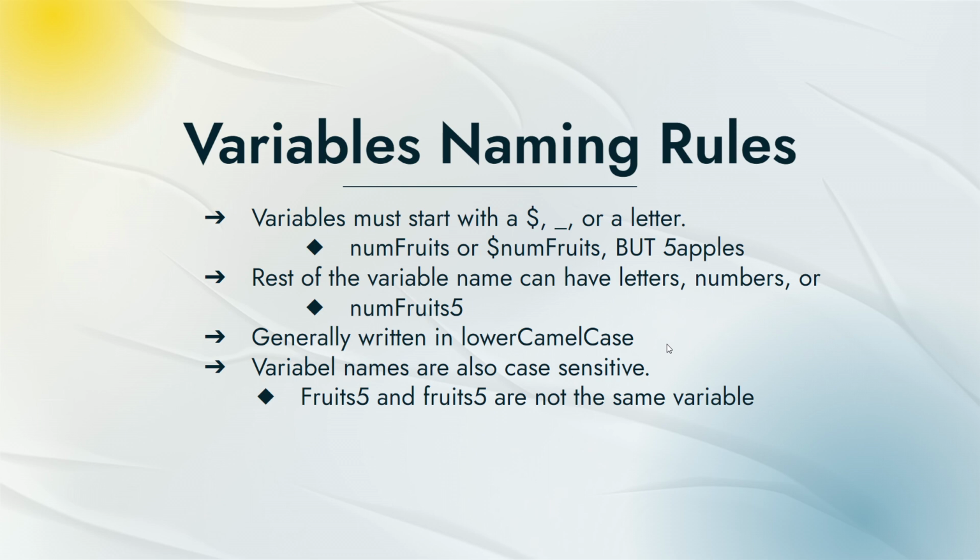Obviously, you cannot use spaces in variables, so what you do is you make the first letter of the first word lowercase, and then the first letter of the second word capital, and then the first letter of the third word capital, and so on. So the first letter of the first word will be lowercase, and then every word that the variable has, the first letter of that word will be a capital letter.